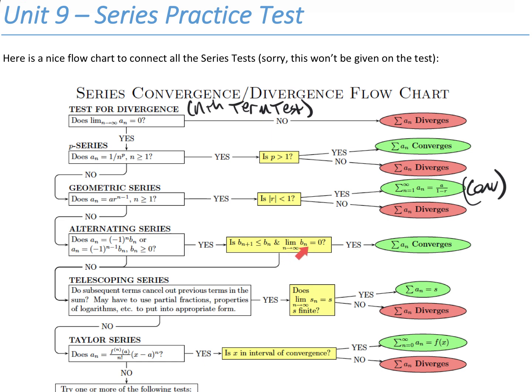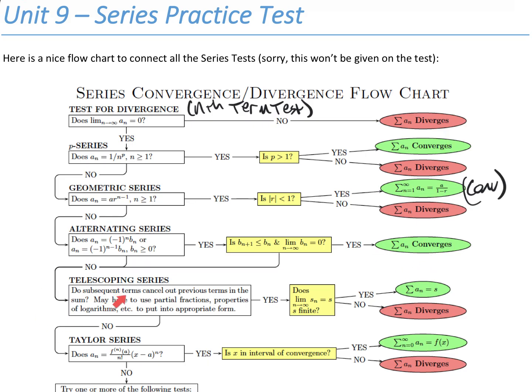And is the limit of b sub n going to 0? Now this note says b sub n, we take off the negative 1. We don't care about that, but is it going to 0? If so, that's the alternating series test. Yes, it converges. If that's a no for either of these, it doesn't pass the test. Now notice alternating series does not tell us divergence.